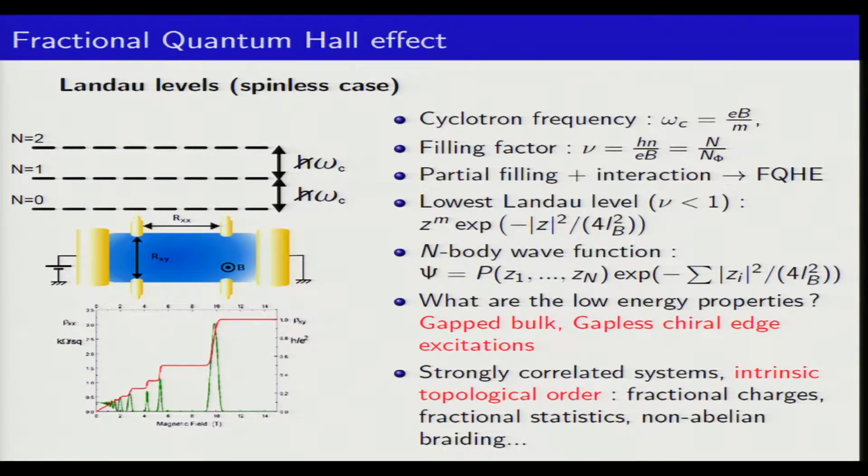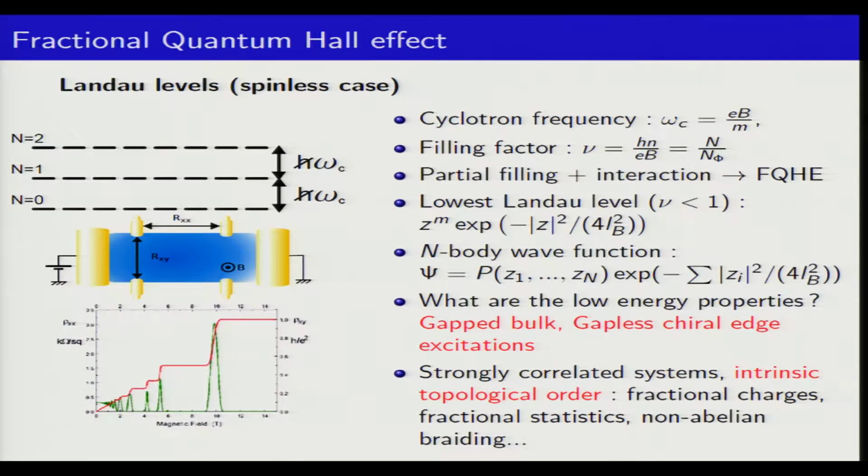So you have a gapped bulk, but when you look at the edge of the system, if you use an open system, you have a gapless chiral edge mode. If you assume that the cyclotron energy is much larger than all the other energy scales, then you really have a strongly correlated system, basically when your effective Hamiltonian is just given by the interaction projected onto one Landau level.